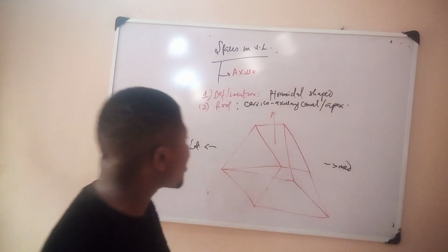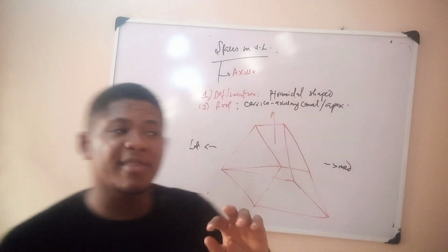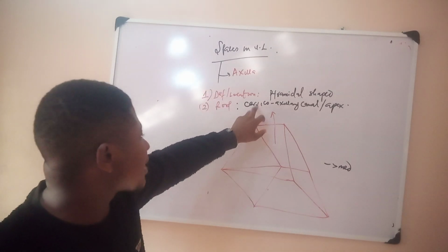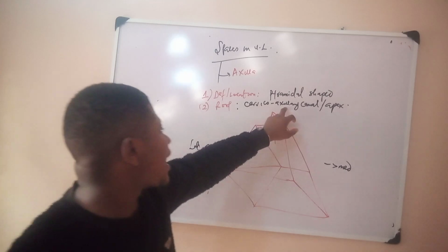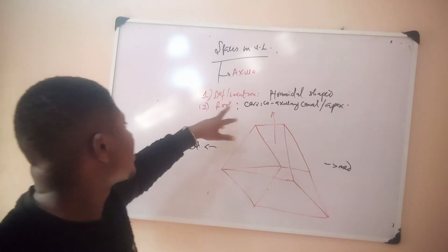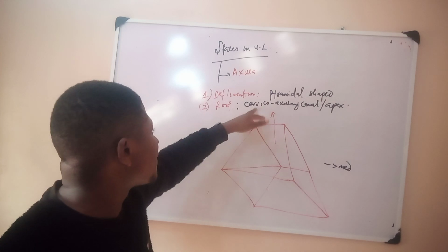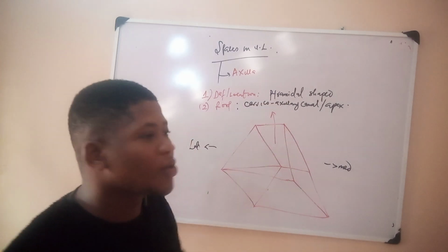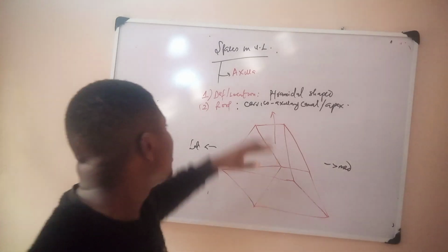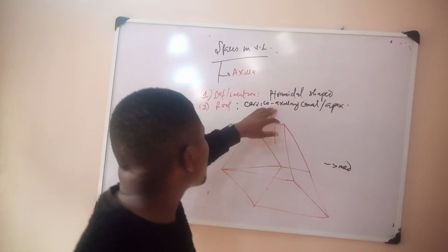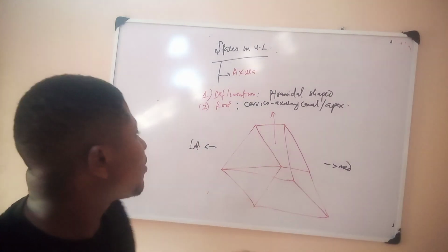Why do we call it the cervical axillary canal? Because cervical means the neck, so it connects the axilla to the neck. So you have to know that the roof is also called the cervical axillary canal. It's a popular question.